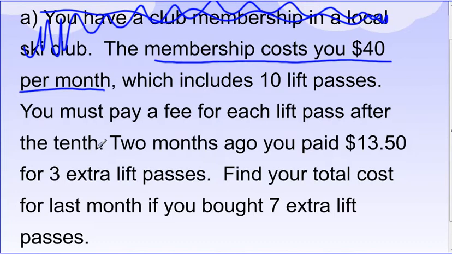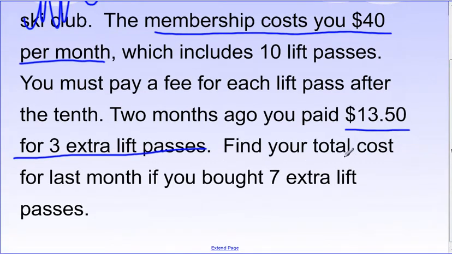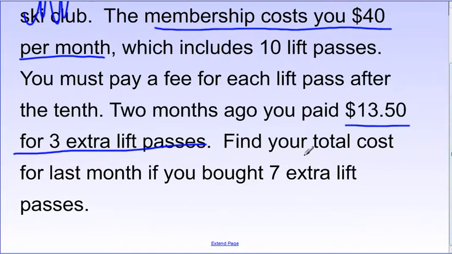Okay. 2 months ago, you paid $13.50 for 3 extra lift passes. Find your total cost for last month if you bought 7 extra lift passes. Now, what that means is my total cost, so here's my verbal model.